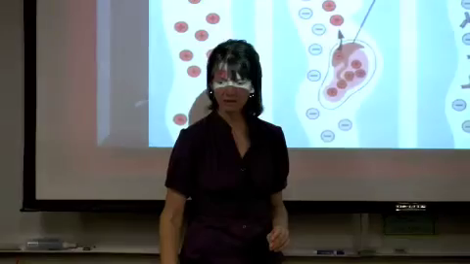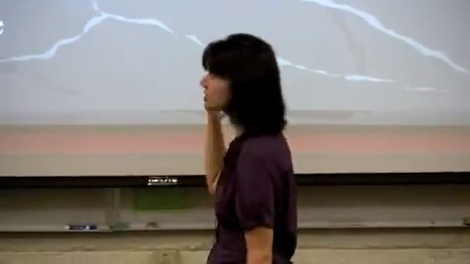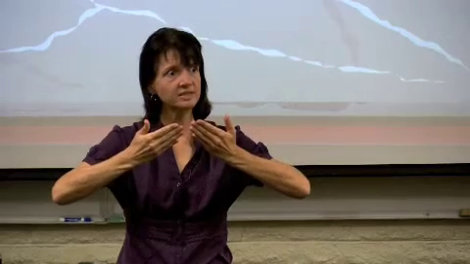Okay, I want to flip through. I want to talk to you about sickle cell, if I can find it. Sickle cell, autosomal recessive. Autosomal recessive means that you have to have the genetic material from both parents, and then it can present as a disease.